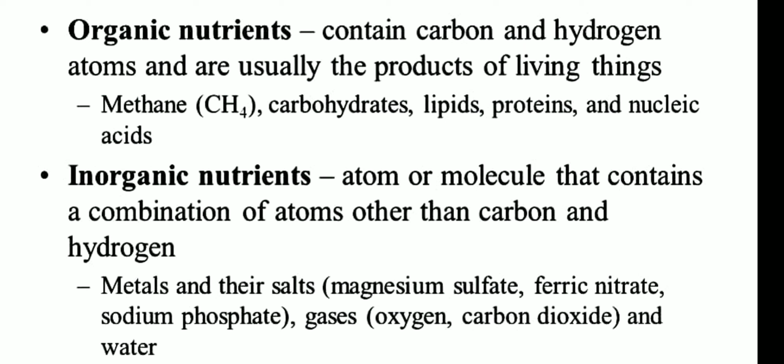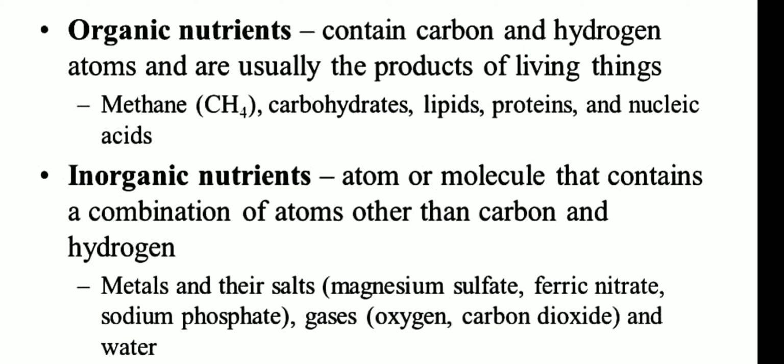Okay, and we get them from the plants in the form of cereals, wheat, rice, vegetables, fruits, and from other animals in the form of milk, eggs, meat. Okay, these contain carbohydrates, proteins and fats.